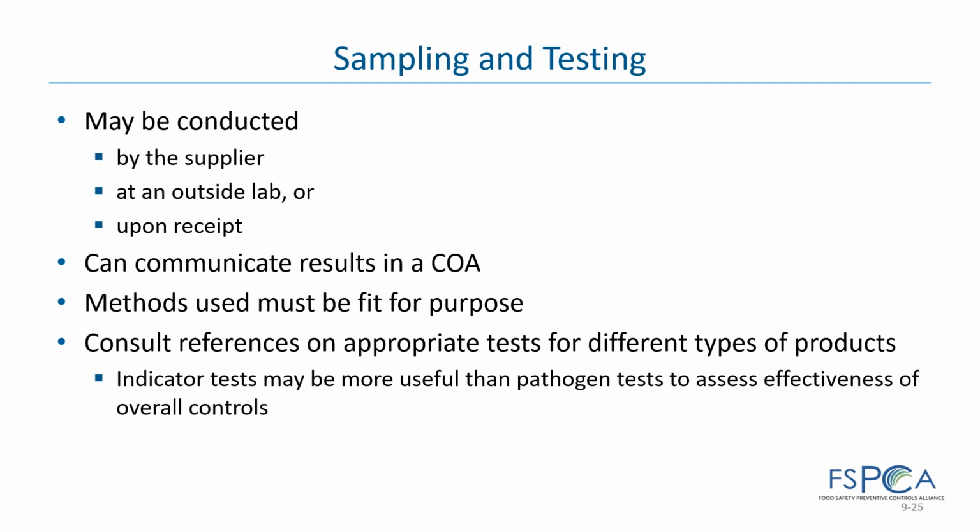You can consult references on appropriate tests for different types of products, and I think a good example of this is that indicator tests are sometimes more useful than actual pathogen tests to assess the effectiveness of overall controls. We also talked a little bit about ATP testing earlier, and we've got some really good science and really good research coming out with that type of testing as well.